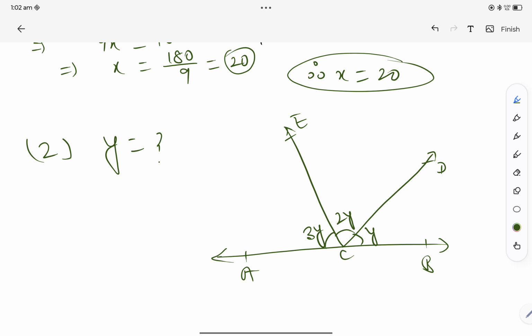So how can we find this, the value of y?